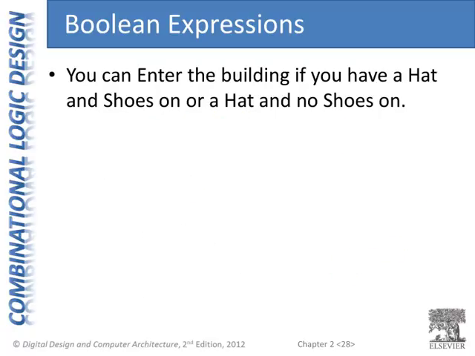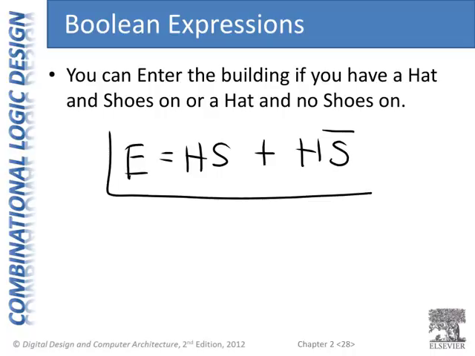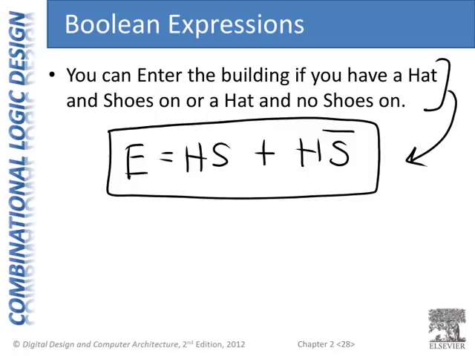Here's another example. You can enter the building if you have a hat and shoes on, or a hat and no shoes on. This is the correct Boolean equation for this statement. That is the answer if you're asked to turn a statement into a Boolean equation. Now we can think about it logically.